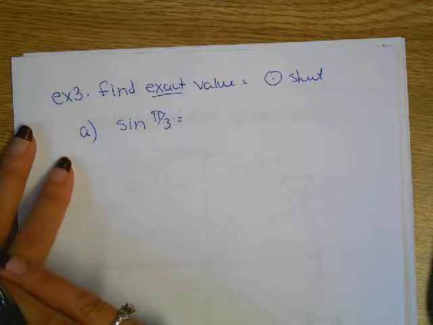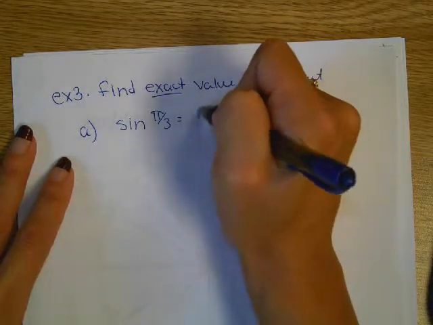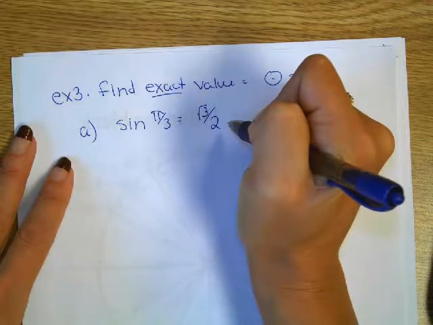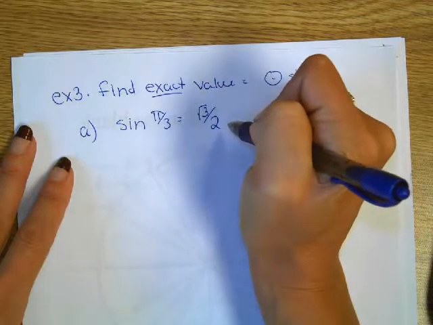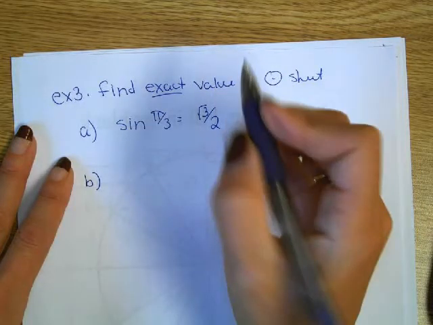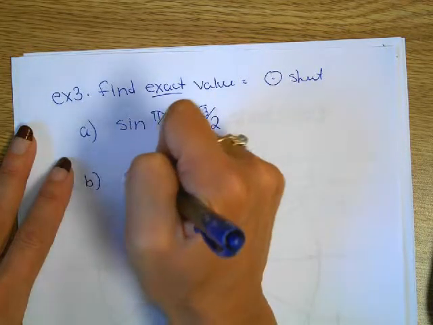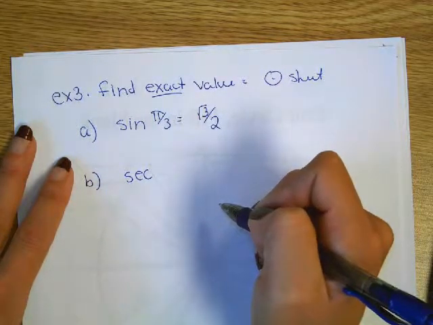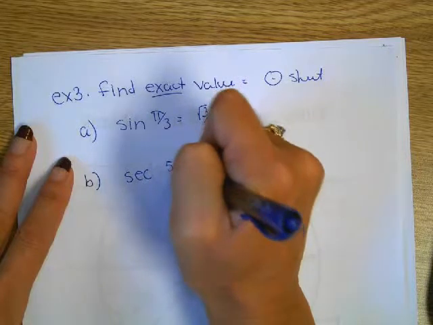What'd you get? Square root of 3 over 2. In agreement? I don't have my circle sheet out. Unless you guys say no, I'm not going to look. Good? How about the secant of 5 pi over 4?